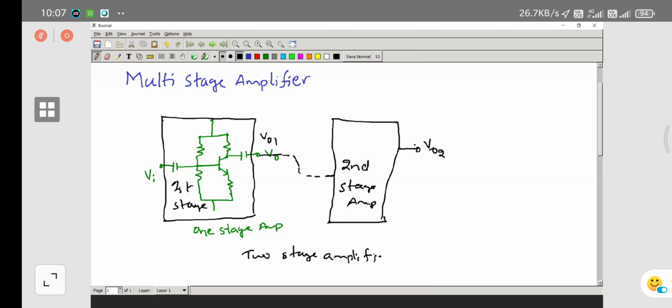Actually, what is the need for this number of stages? For example, if we take our daily life, if there is any marriage or any function, usually nowadays the sound system DJ is common, right? Without a DJ, we don't feel like there is a function or a marriage, right?